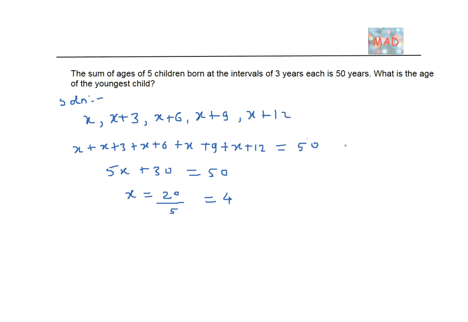What is the age of the youngest child? The youngest child is x. So the age of the youngest child is 4 years. That's all for this problem. So we'll go to the next question.